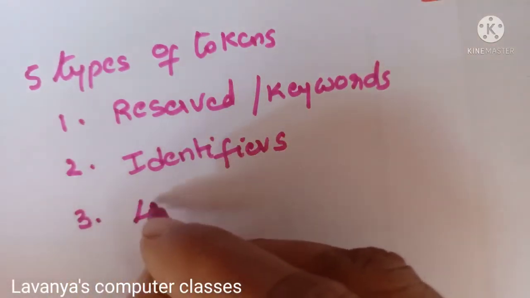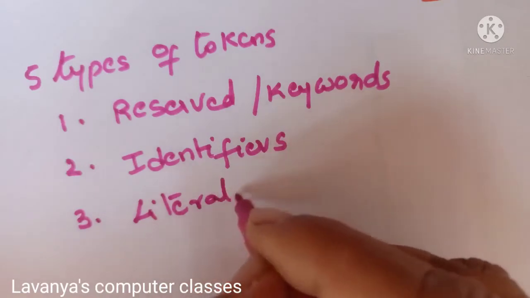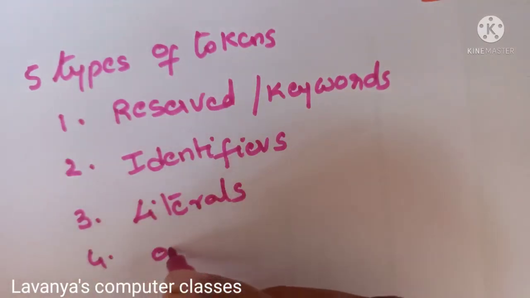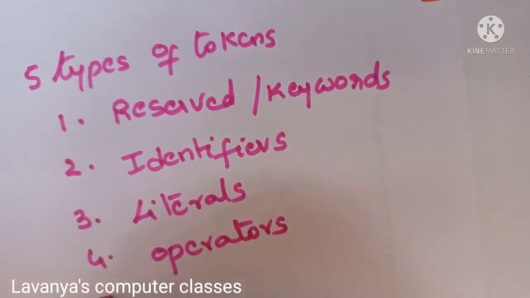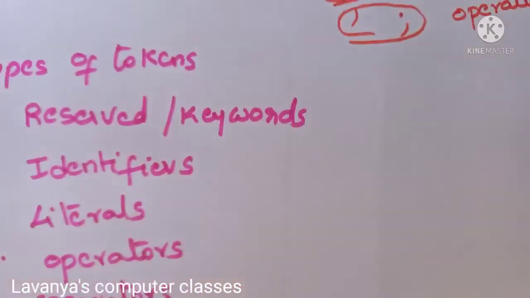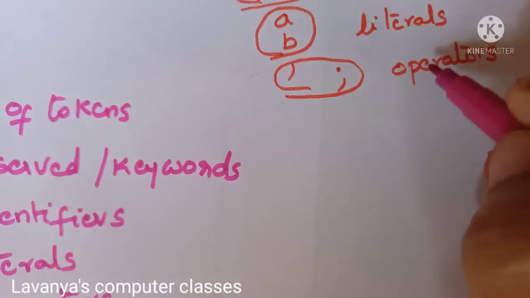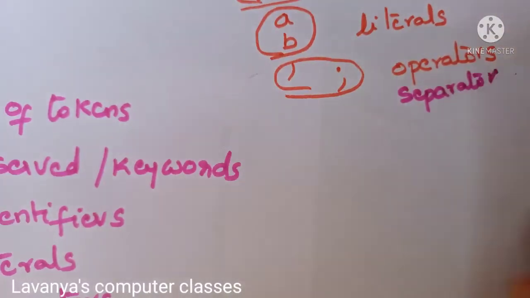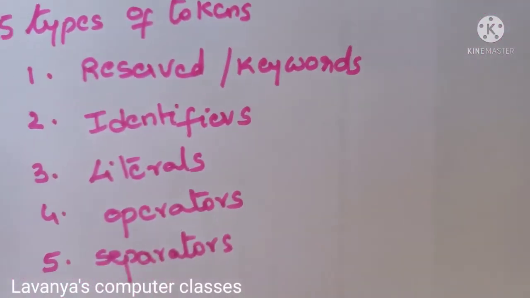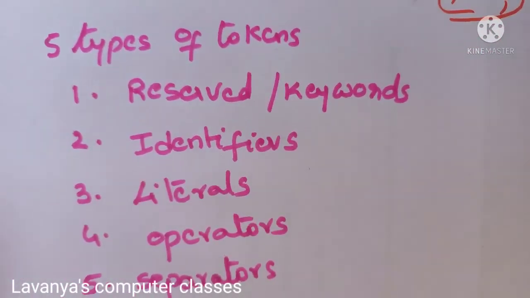Third one is literals. Fourth one is operators. Fifth one is separators. In the previous example, the semicolon and comma are separators, not operators. So these are the 5 types of tokens: reserved words or keywords, identifiers, literals, operators and separators.